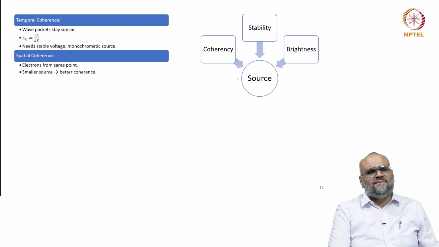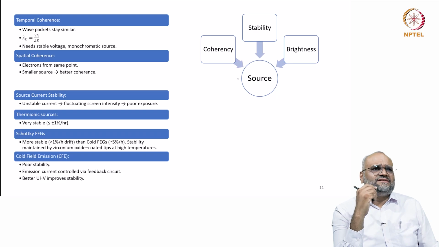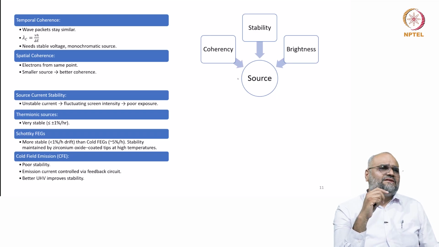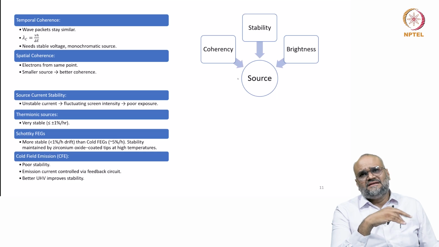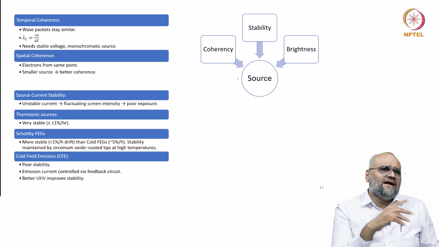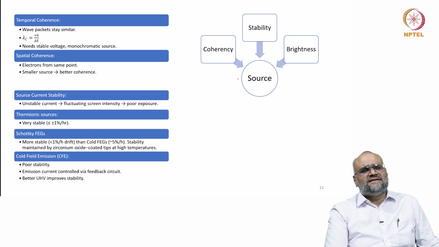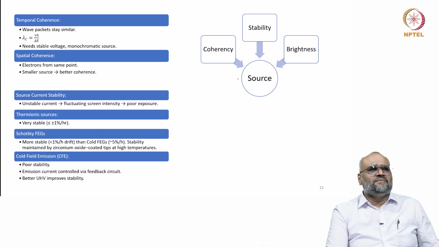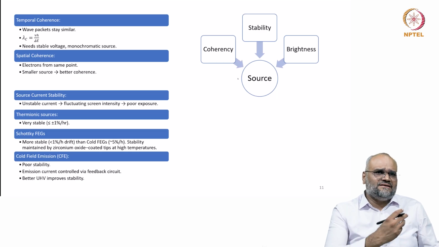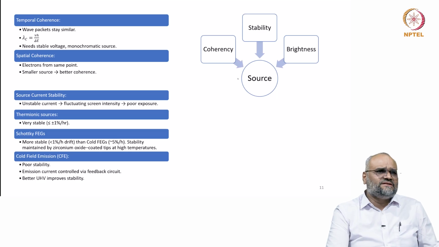Then we have the stability of the source. There is something called the source current stability. In thermionic emitters, you can switch on the source and then shut down the source after operation, and multiple cycles of this turning on and turning off still doesn't damage your filament or the lanthanum hexaboride crystal. The thermionic emitters are stable but have poor coherence.